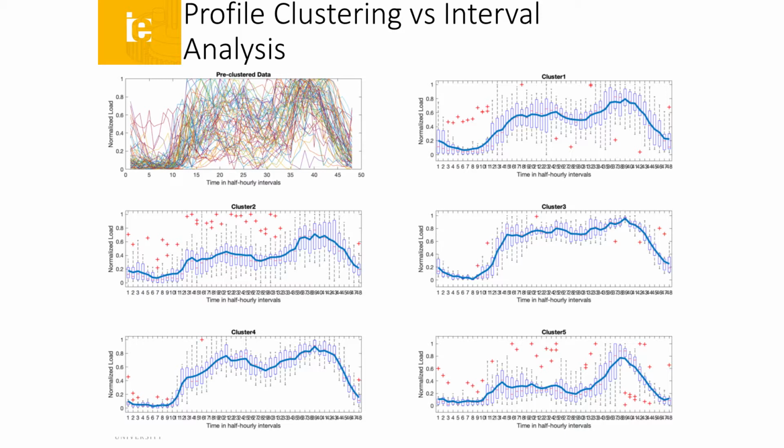So for example, these are 5 clusters from data for customers from a single LSM. And you can see, for example, cluster 3, where the noon demand is very high.